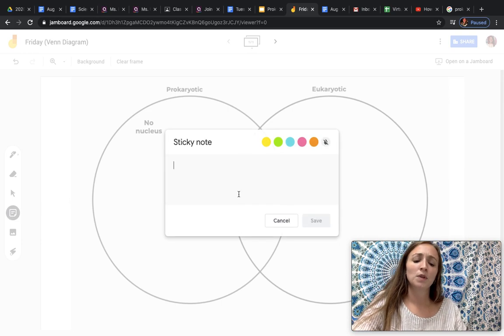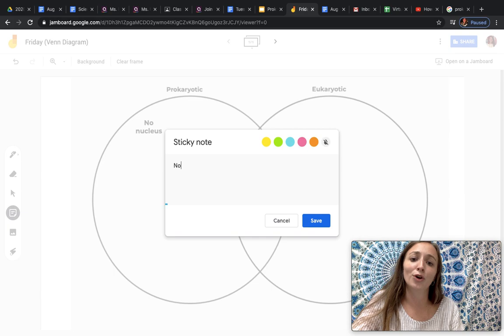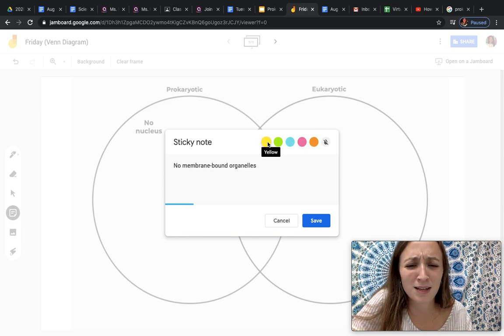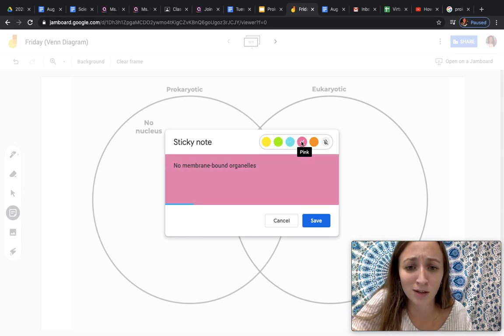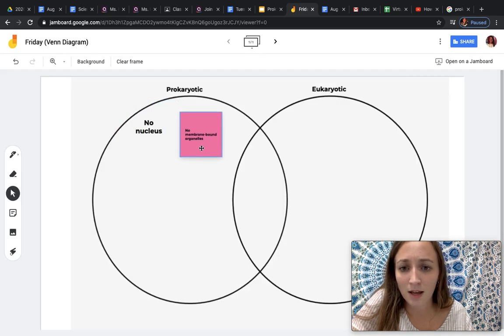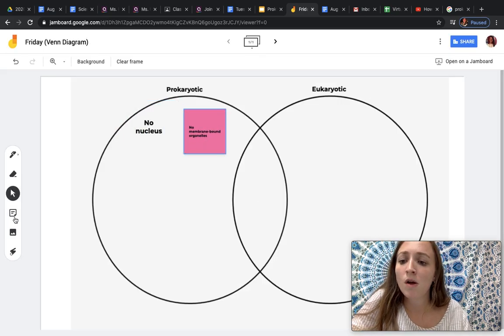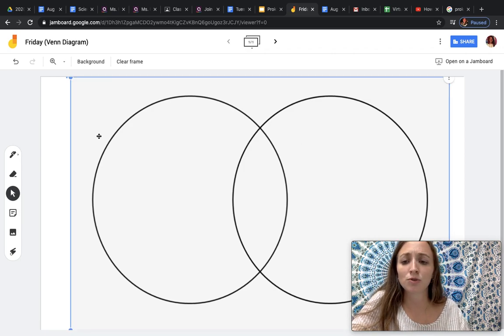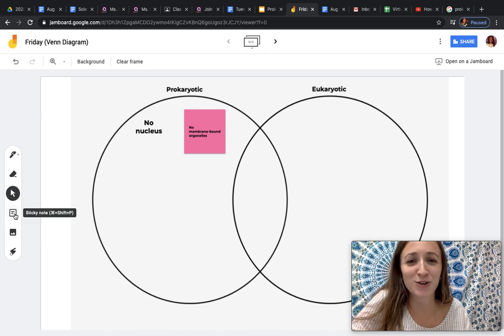Let's add another. Pro rhymes with no, so we know it has no membrane-bound organelles. Also, when you make a sticky note, you can choose any color you want. Let's throw a pink one on there. And attach it. So let's move on to eukaryotic. What's true about only eukaryotic cells?